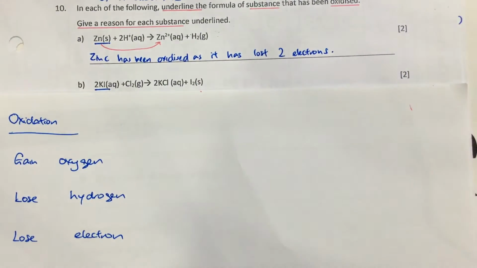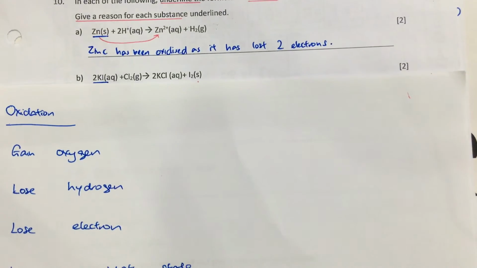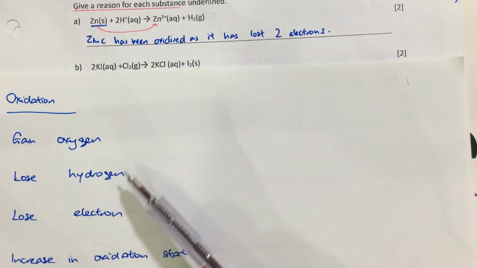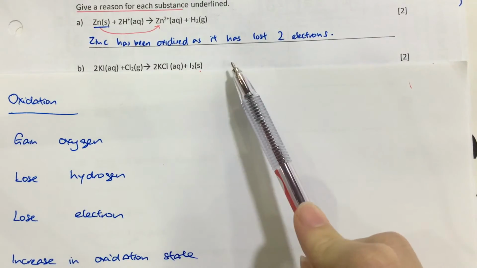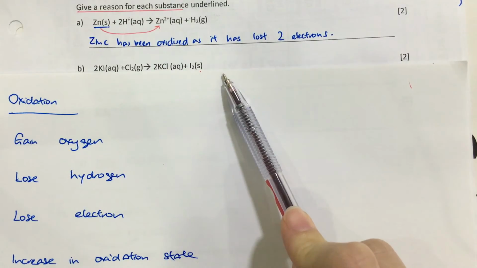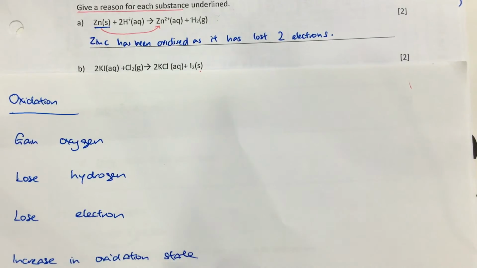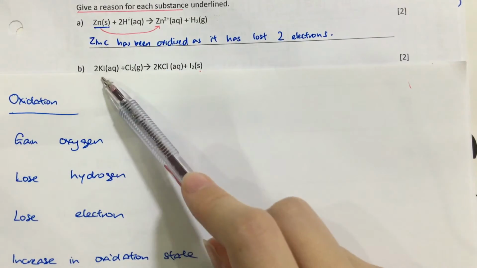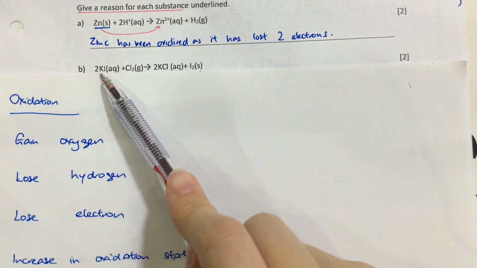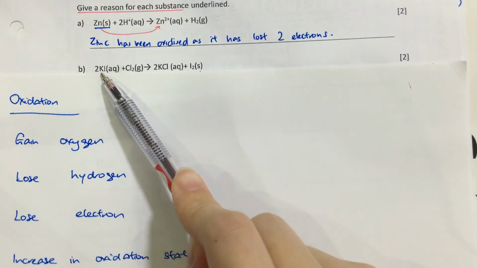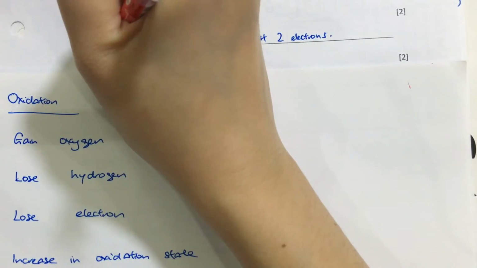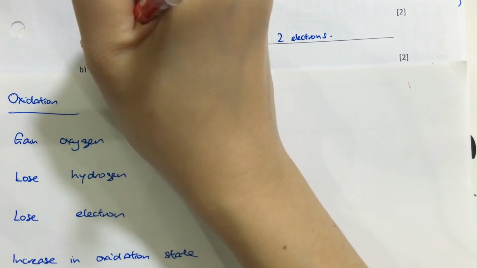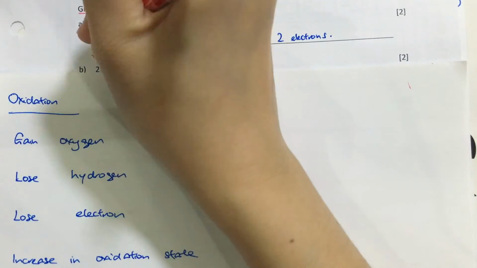Next question. Okay, so again you spot and see if you can tell which one. So here there is no oxygen, there is no hydrogen, and we don't see any obvious losing of electrons. So it must be talking about oxidation state. Potassium is always K plus, right? And I is minus. So potassium will be plus 1 and I will be minus 1.